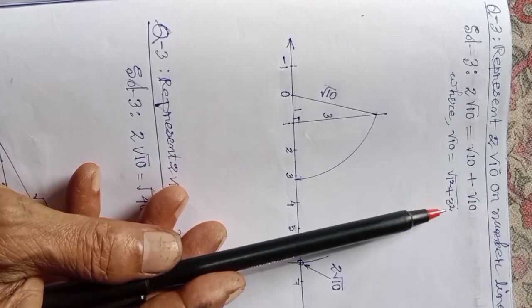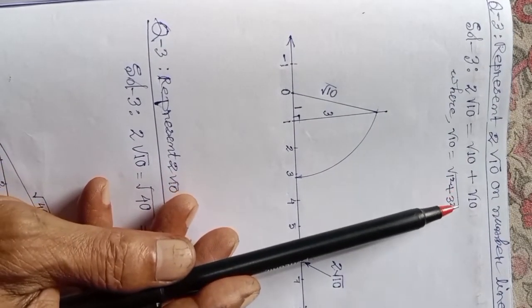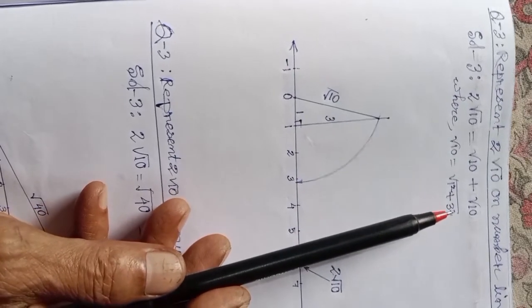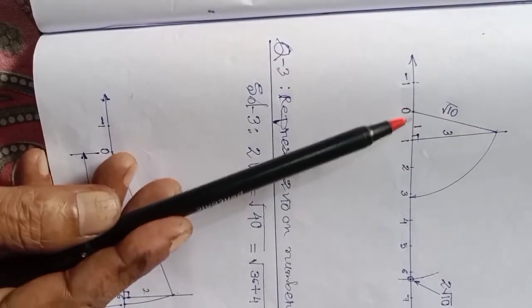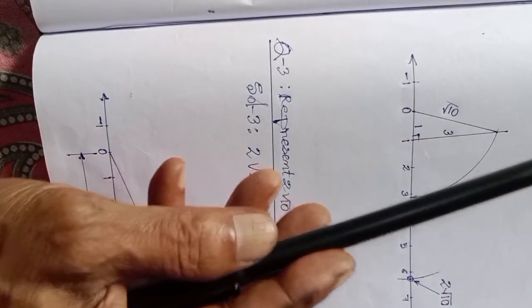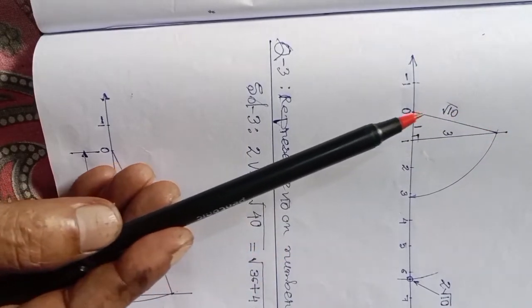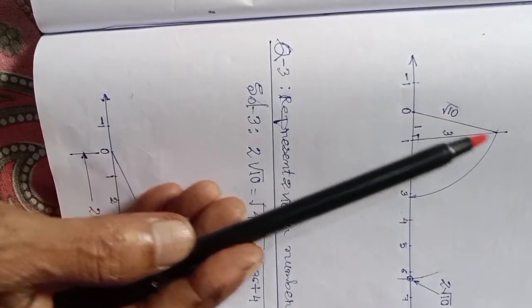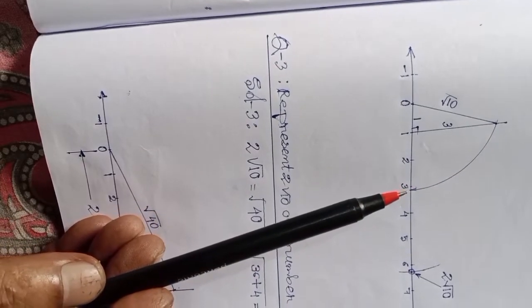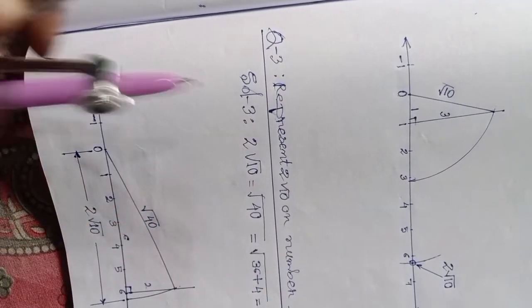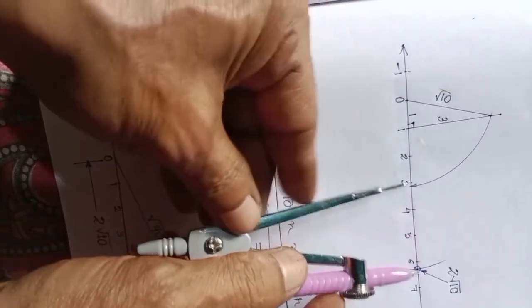where root 10 equal to root of 1 square plus 3 square, or 3 square plus 1 square. Okay. So by taking this 1 and 3 as the two sides of a right angle triangle, we are showing this on the number line. By taking 1 unit and then a perpendicular of 3 units here, and then joining this hypotenuse of root 10, after that you draw one arc on the line, and then you can take 2 times of this.